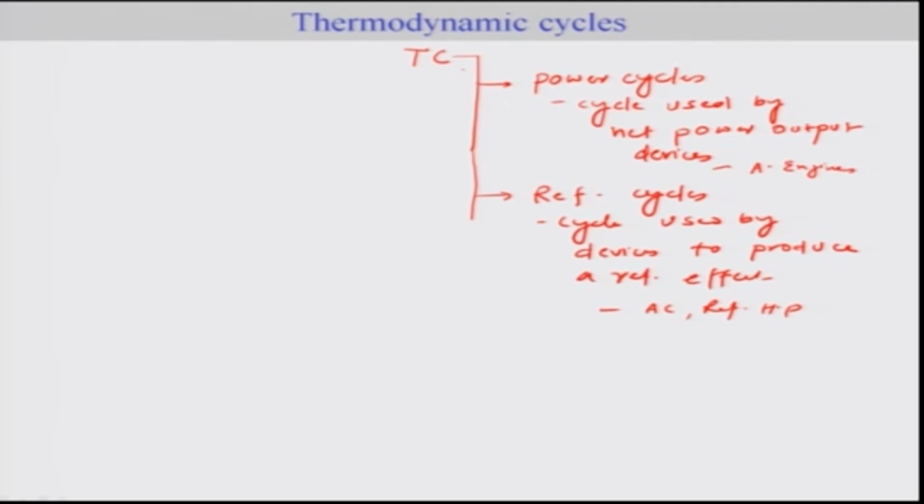For a thermodynamic cycle, you need to have some working fluid. So based on the working fluid, we can have two different forms of cycle.